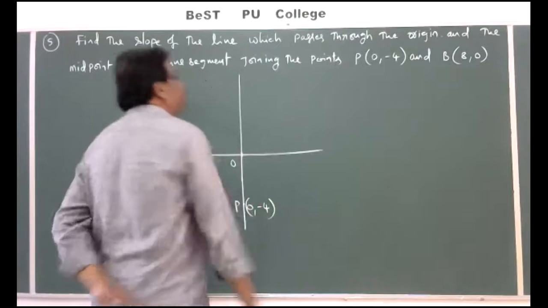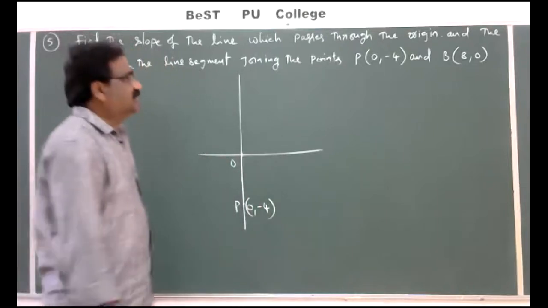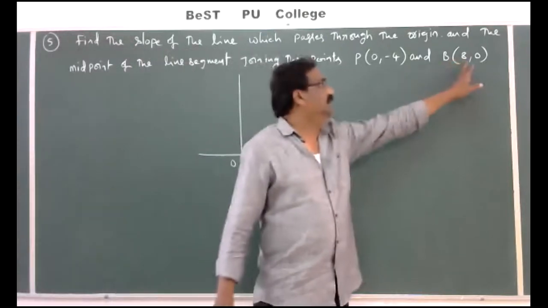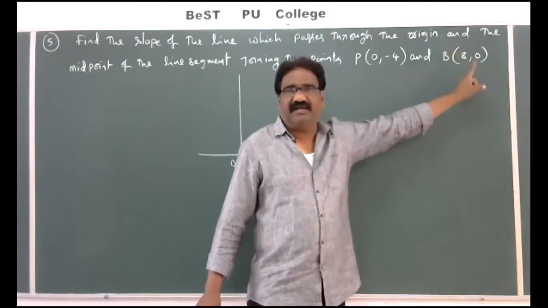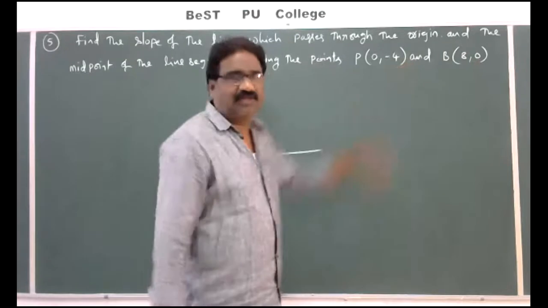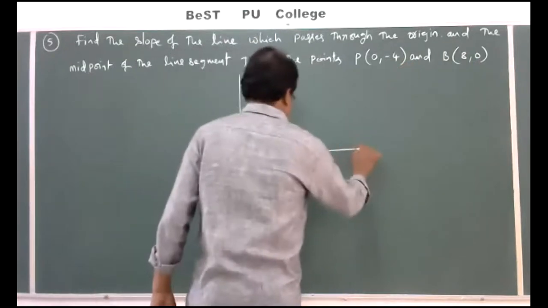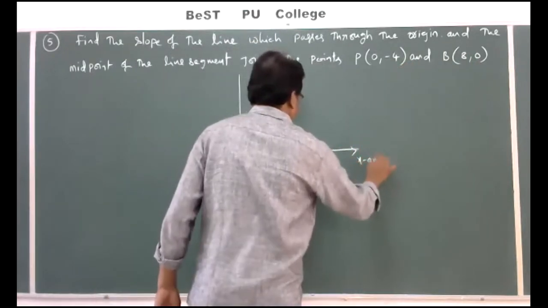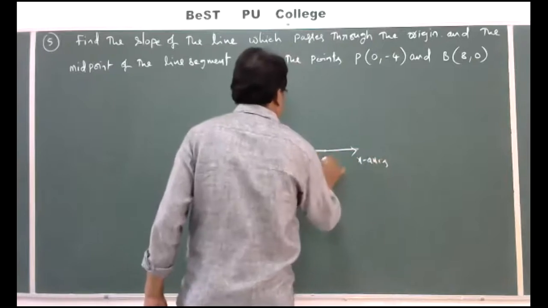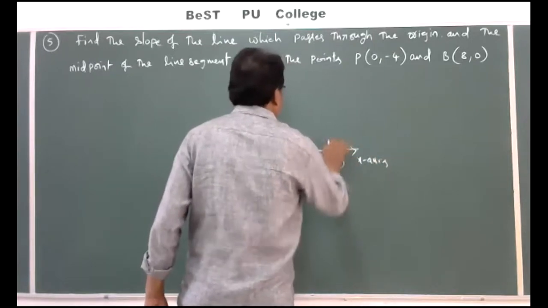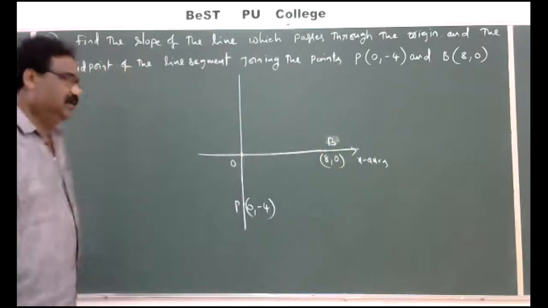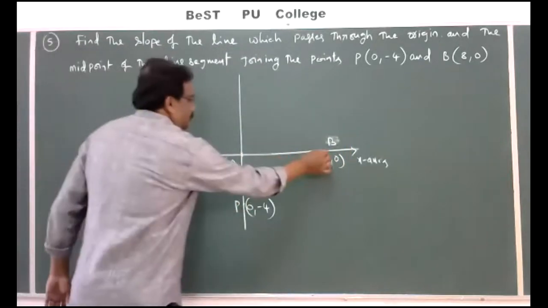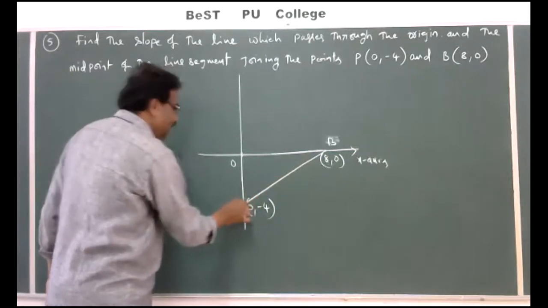This is P. And B is (8, 0). Y coordinate is 0, that means this point lies on the X axis in the positive direction. This is B. This is the line PB.